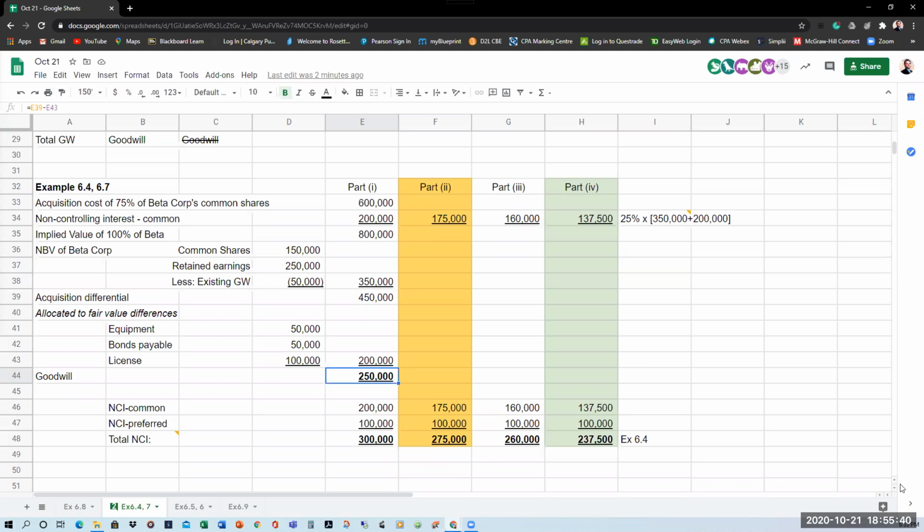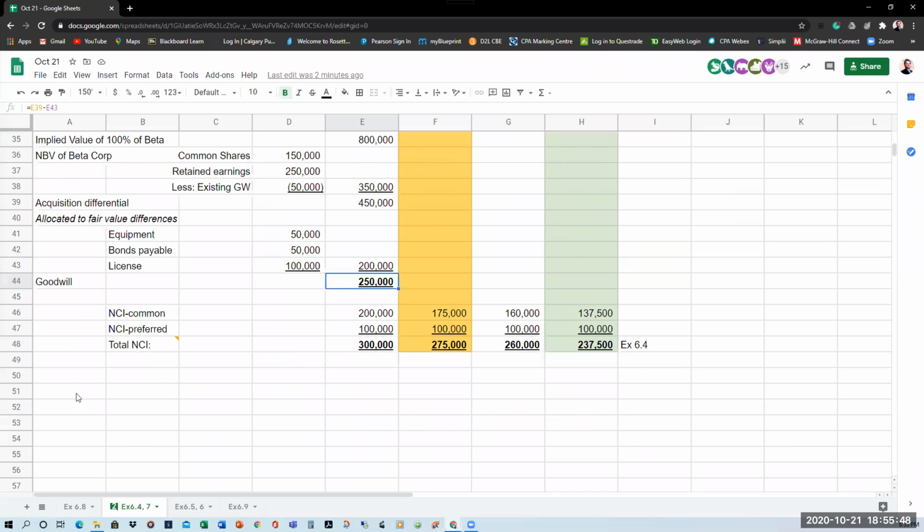Does this make sense? All right. Now, if you're thinking, what is it made up of? Well, remember, Beta Corp is made up of net book value, fair value differences, and goodwill.